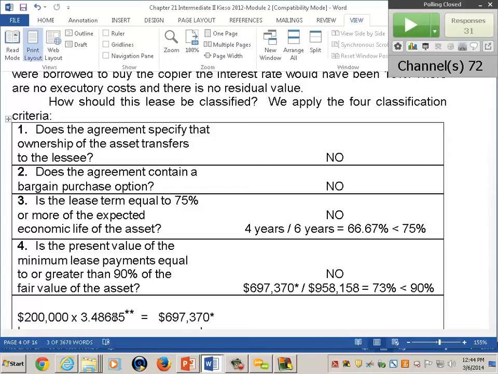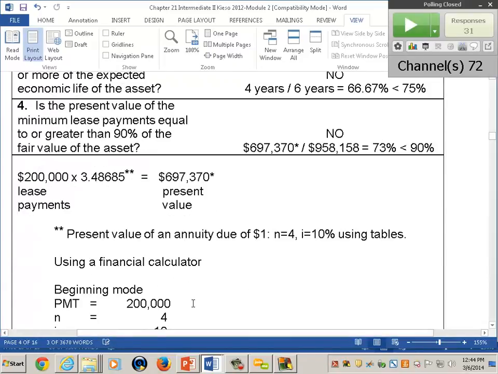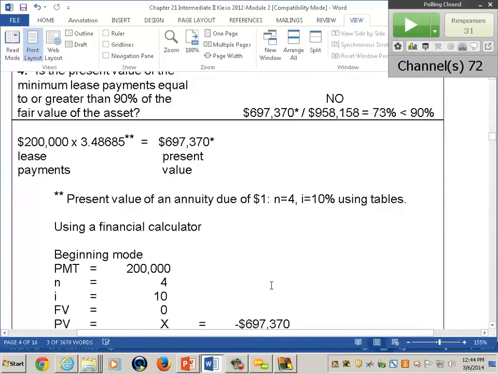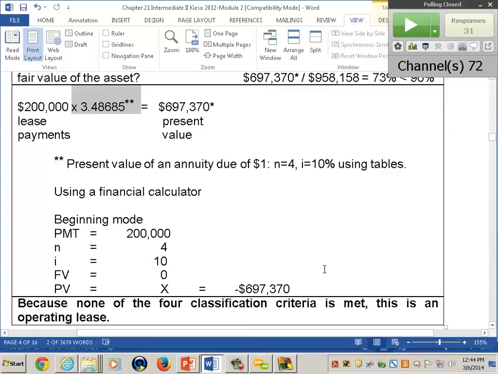So you fail the 75% test and the 90% test. The present value of the minimum lease payments is only 73%. You could do that by using the tables, the present value of an annuity due for 4 periods at 10%, or use the financial calculator.